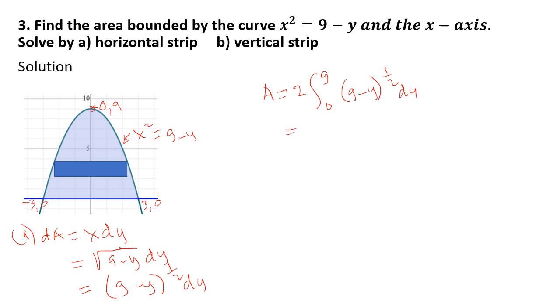Or equals 2 times (9 minus y) to the 3/2 all over 3/2.